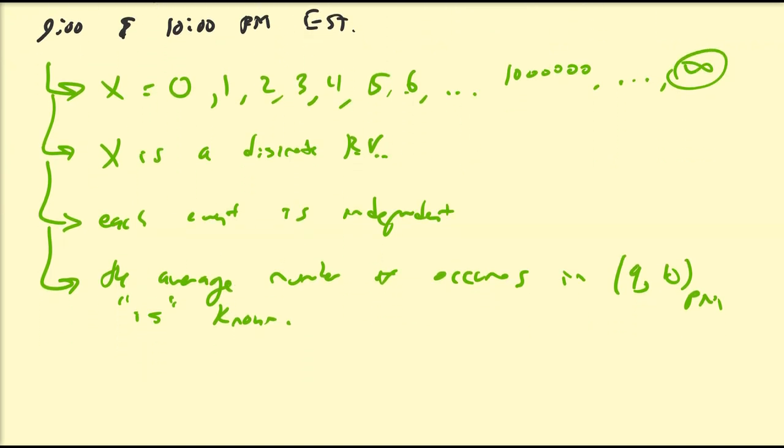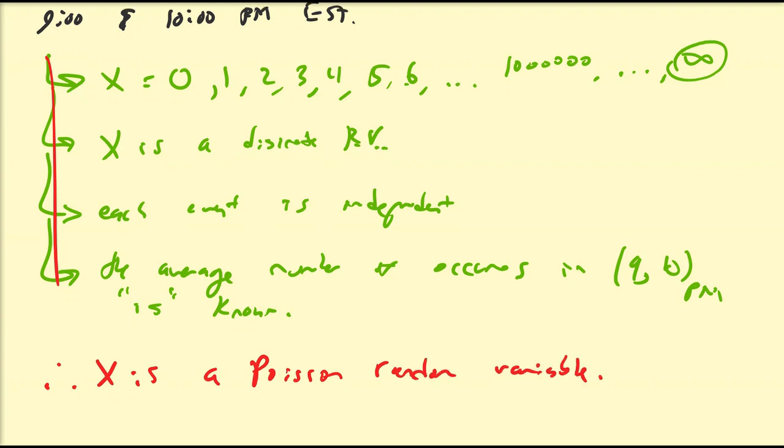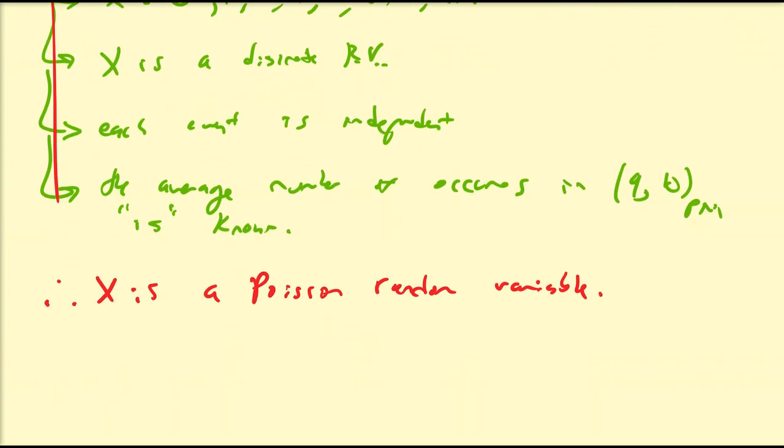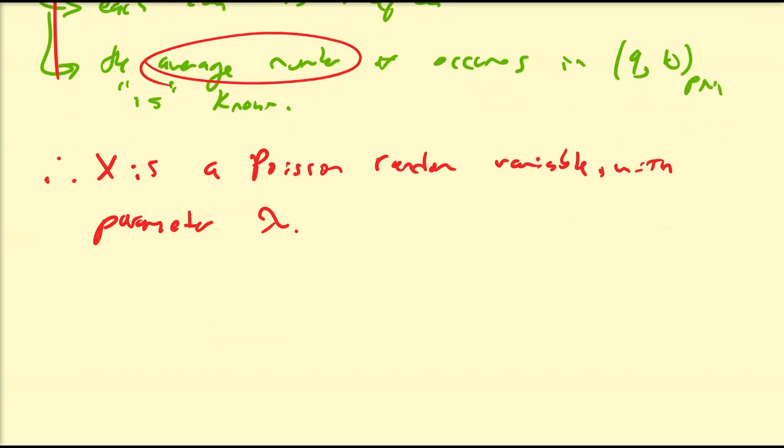So if all four things are given, that means x is a Poisson random variable with parameter lambda. Lambda is the average number of occurrences of phone calls between 9 and 10 p.m. So let's get that value out.